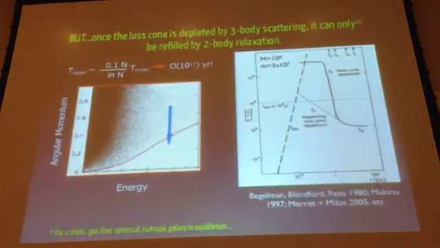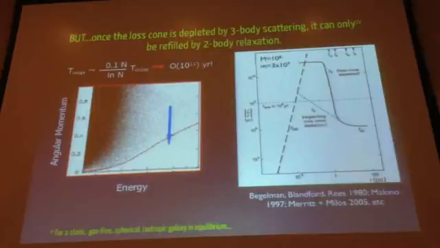The problem is, this classical problem, which is represented in this famous figure, is that once you deplete stars that are in the loss cone, meaning the stars that can possibly interact with this binary, then the only way you can refill the loss cone in that static, spherical, isotropic galaxy, blah, blah, blah, that I just talked about, those specialized galaxy models, is by two-body relaxation.